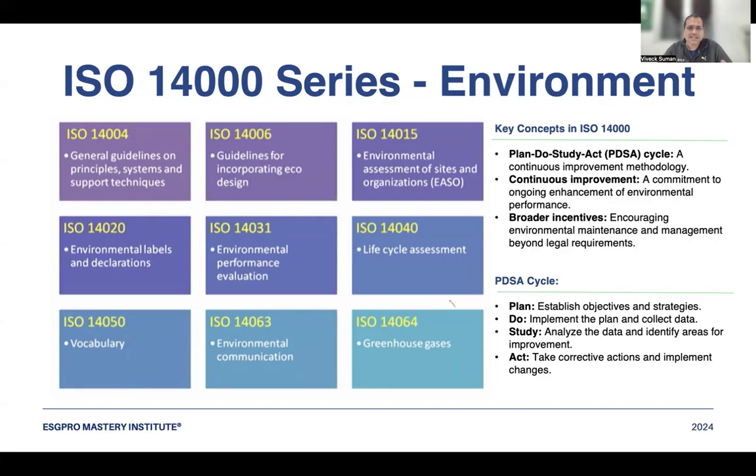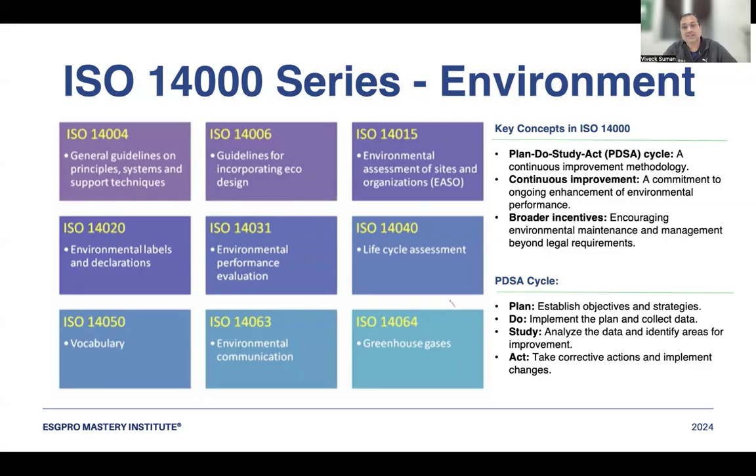That's why it has very clear-cut guidelines. So everything started with 14001, which is for the purpose of environmental management. Then came, of course, 14004, which is a general guideline on principles, systems, and supporting techniques. While ISO 14006 is a guideline for incorporating eco-design. So this is for design purposes.